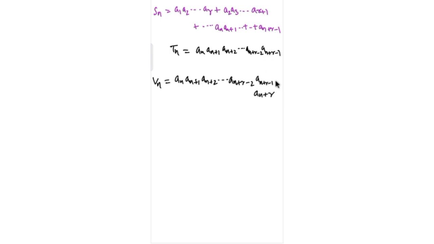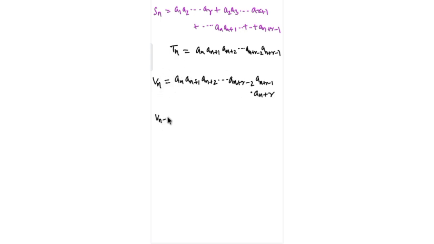Okay, so we are just adding an extra term to the value of Tn, that is an plus r. That is what we are multiplying to this and naming it Vn.